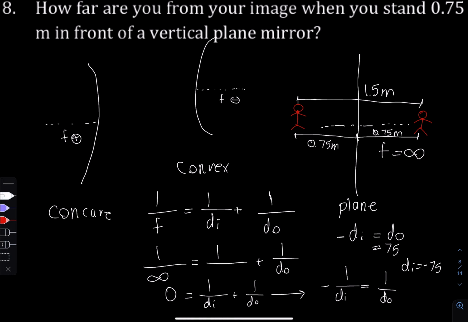And if you add the quantities, forget the fact that this is negative, just add 75 plus 75, you should get 150 centimeters, or 1.5 meters.